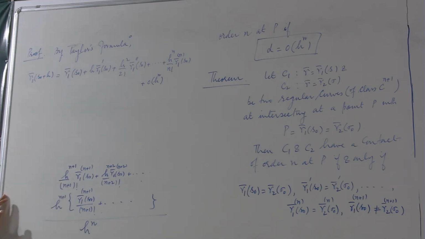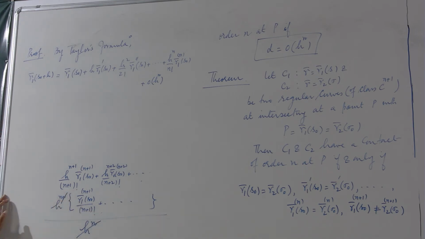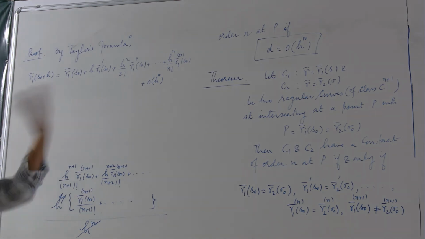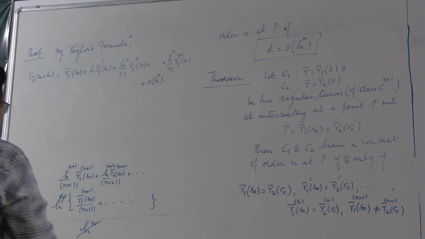Now you can see this h to the power n will cancel out, and one h will stay, and when you take the limit, it will become 0. So, that is why I am saying it is a term of the order of h to the power n, and not h to the power n plus 1. The next one will be a term of the order of h to the power n plus 1.